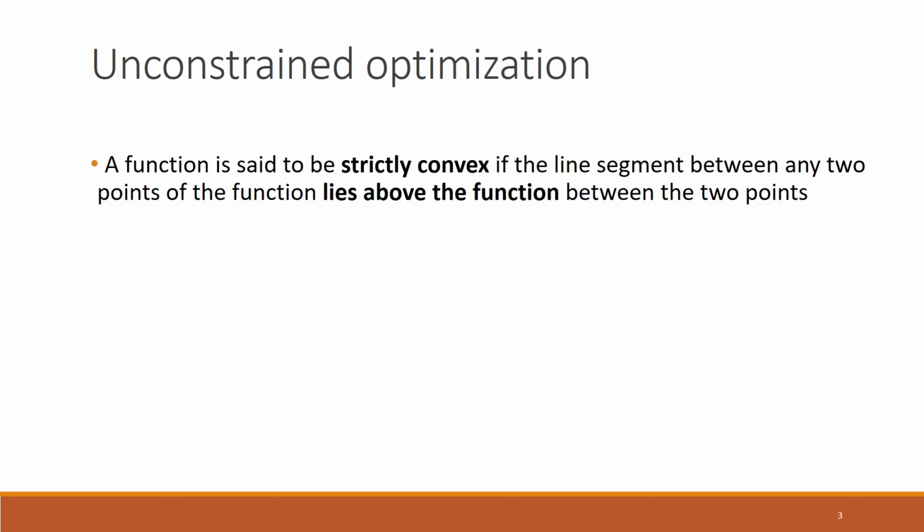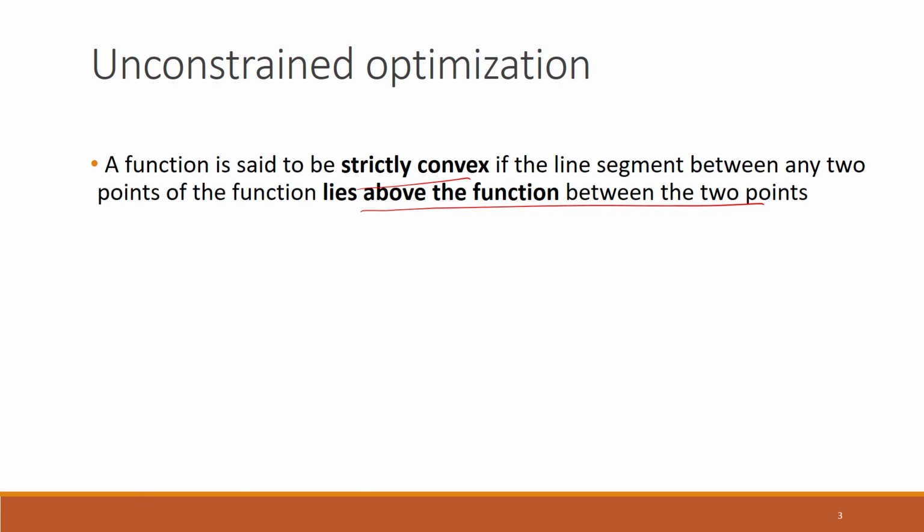Now, a function is said to be strictly convex if the line segment between any two points of the function lies above the function between the two points. Try to see this definition more precisely. There is not that much difference between a convex function and a strictly convex function.